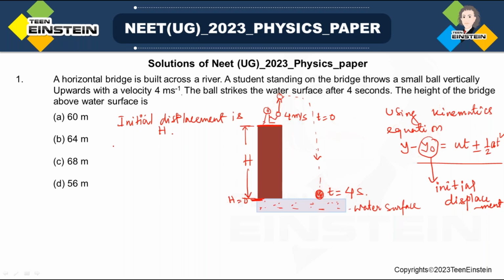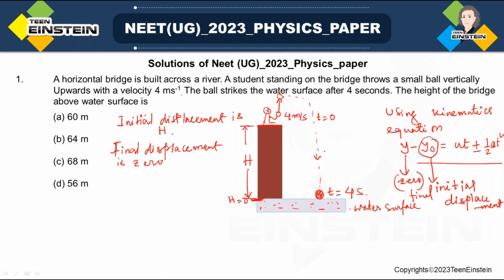So the final displacement, which I have written here as y, is 0. That means y is equal to 0 here. It is the final displacement.